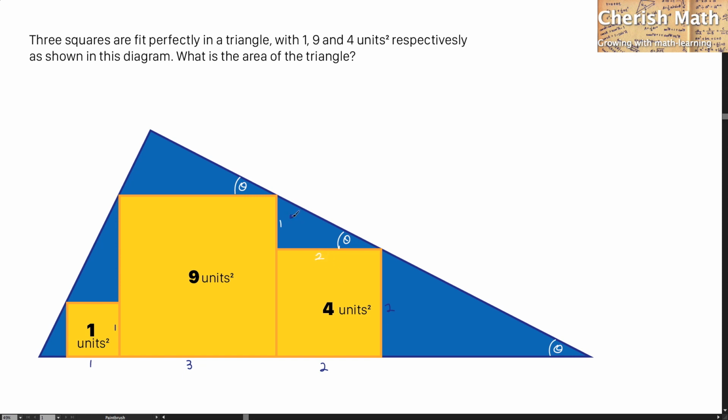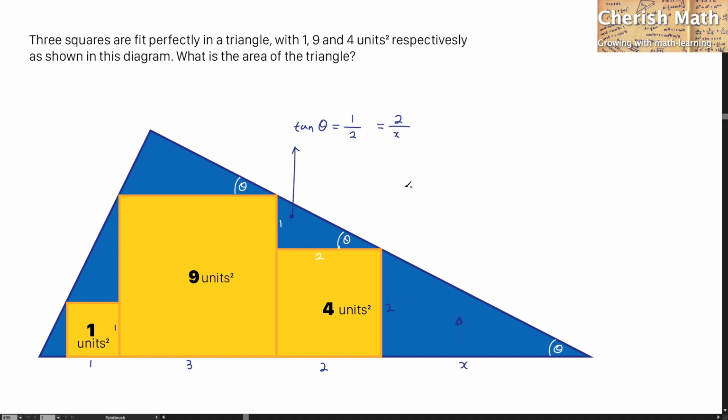Taking this triangle, tangent theta is 1 over 2. And that is the same for this triangle as well. If I look at the tangent theta here, it equals 2 over this value x.